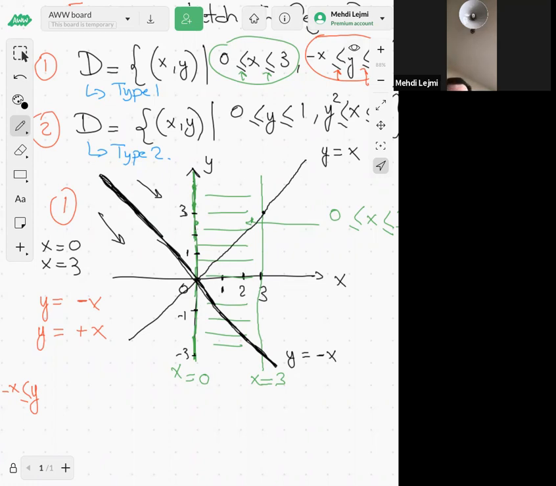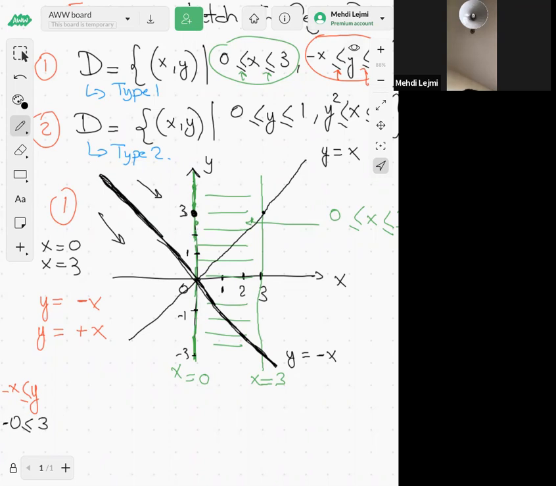For example, take a point, say 0, 3: x is 0, y is 3. Is 3 larger than negative 0, which is 0? Yes, it's true.